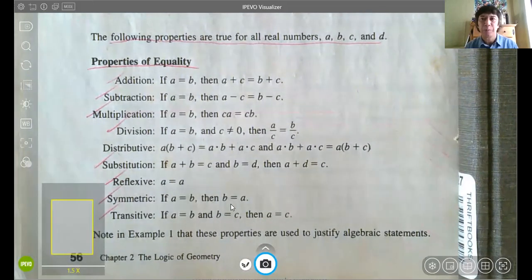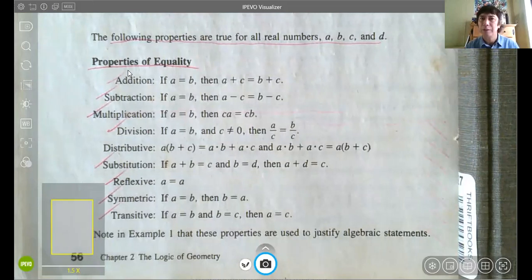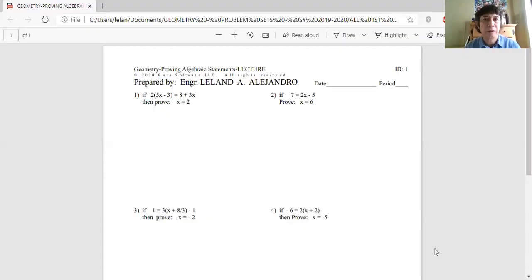In algebraic proving, we will be using these properties of equality that we just discussed. All right, so we can begin with the examples or lecture examples, and we shall find it in the other screen. So let's get that screen first. All right, let me check on the given here.